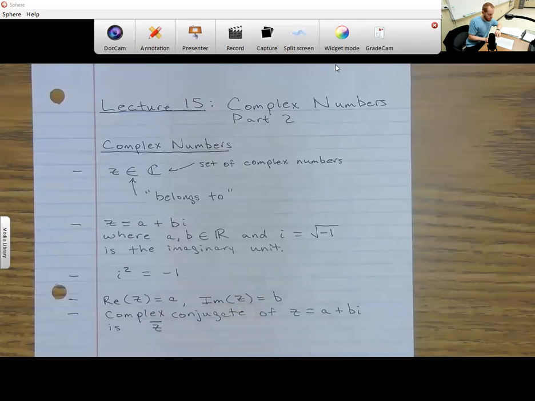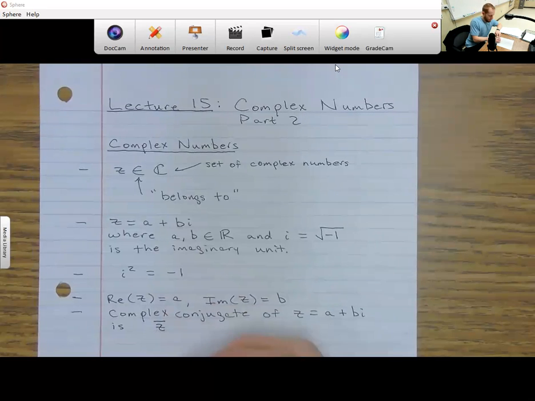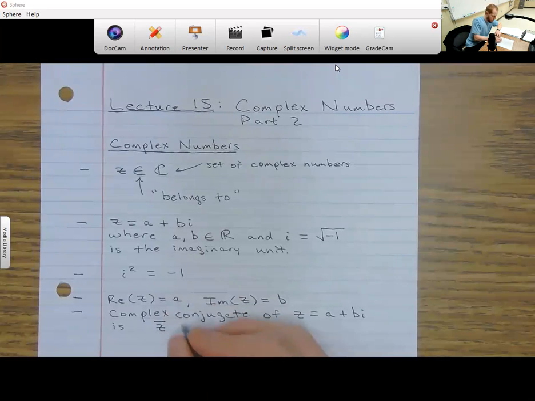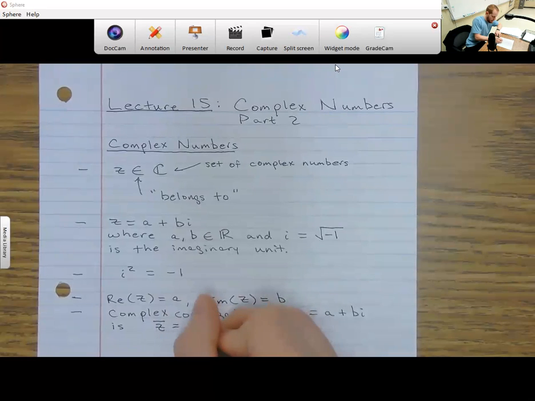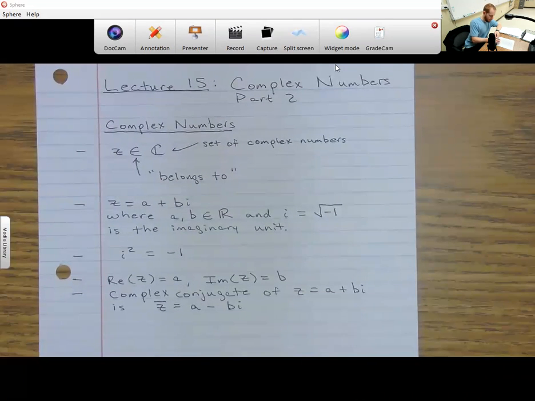So what I do is I take that symbol z and I write it with a bar over it, and we just call it z bar. So z bar is equal to a minus bi. Okay? So all we're doing here is we're keeping the real part the same, but the imaginary part is going to switch sign. So let me write that down here.